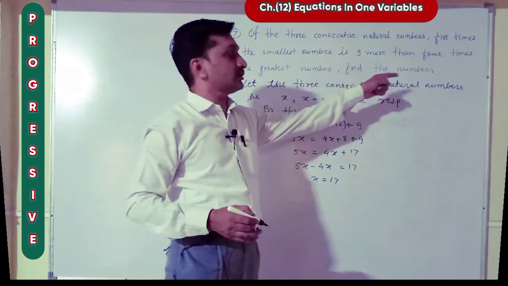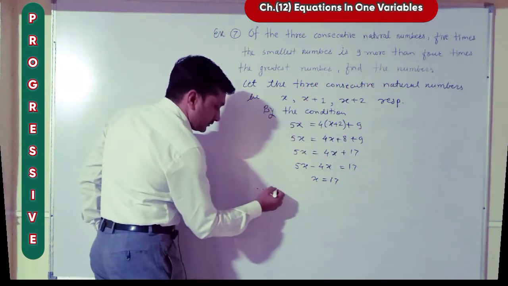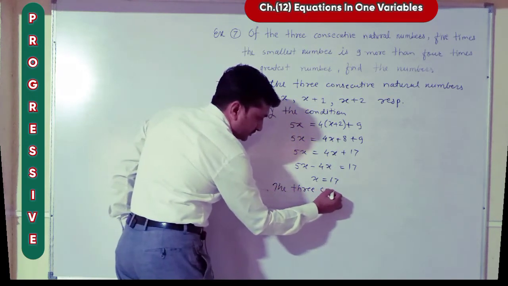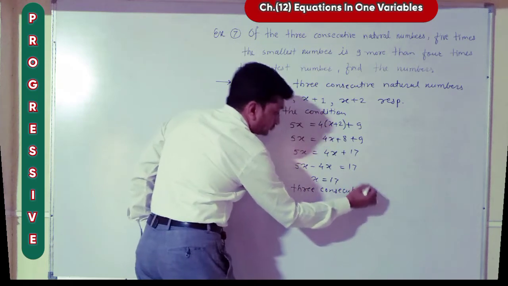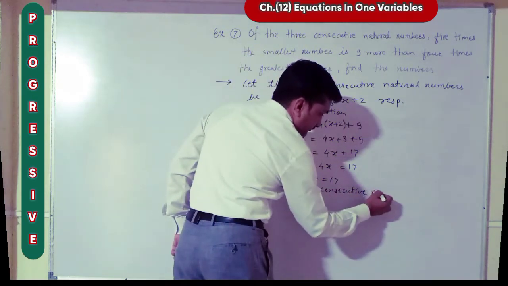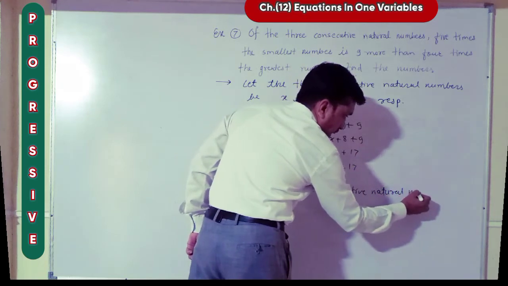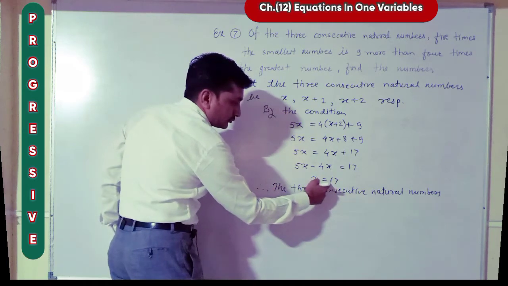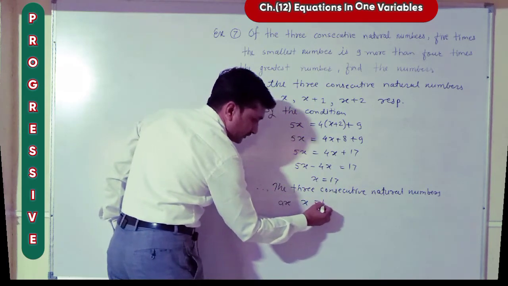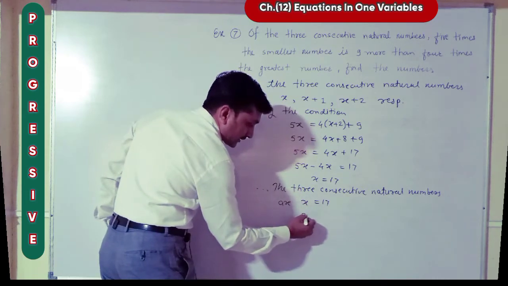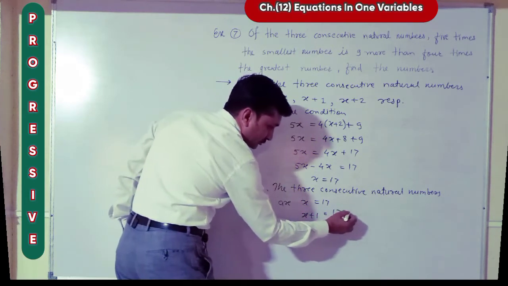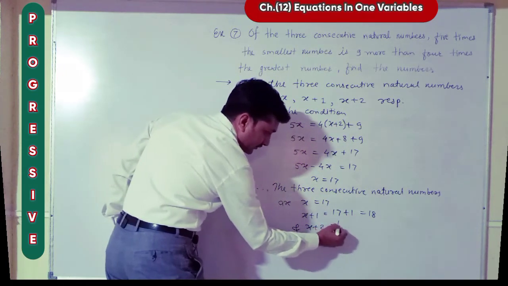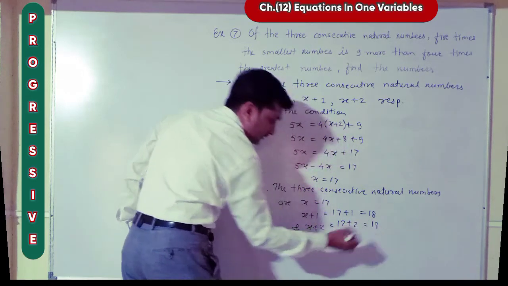What do we want? We want to find the numbers, means all three numbers. Therefore the three consecutive natural numbers are: first x is equal to 17, second x plus 1 is equal to 17 plus 1 is equal to 18, and x plus 2 is 17 plus 2 is equal to 19.